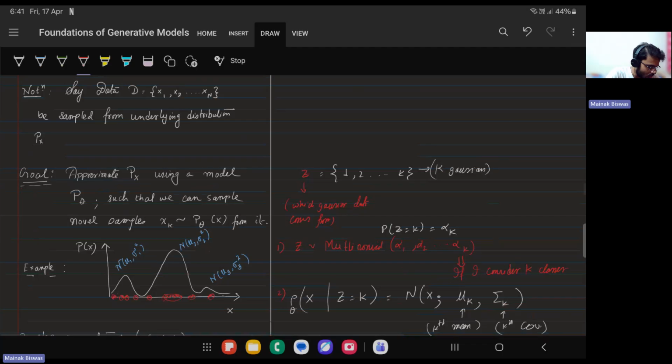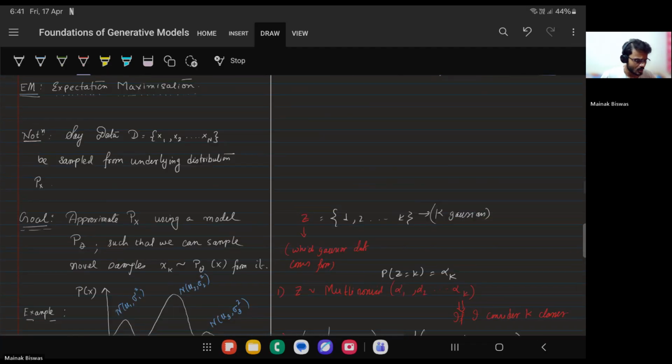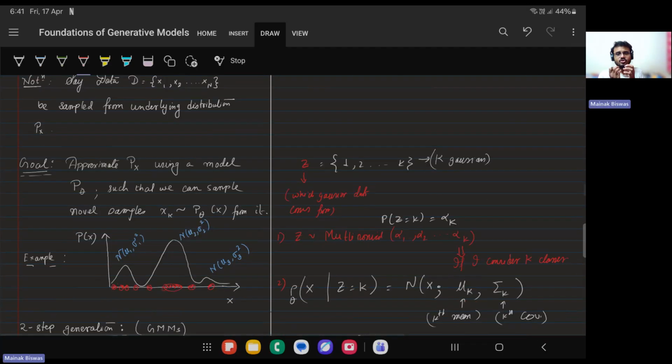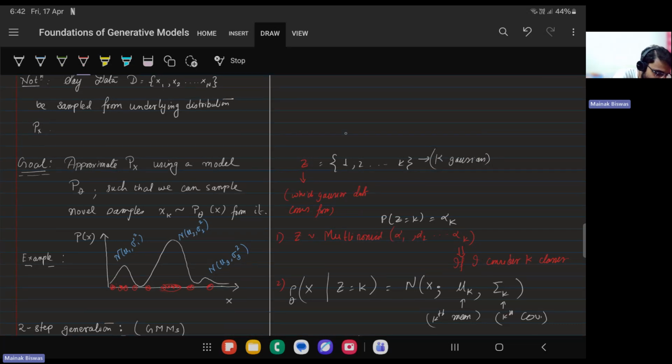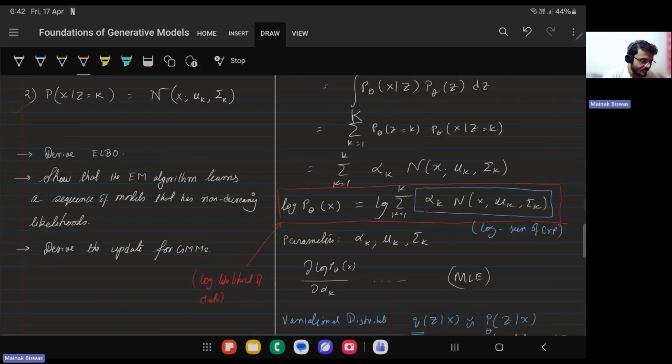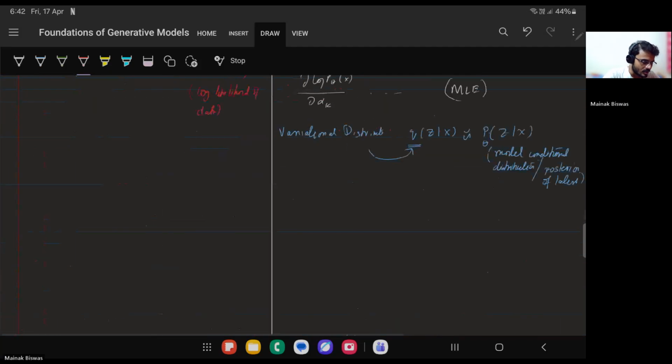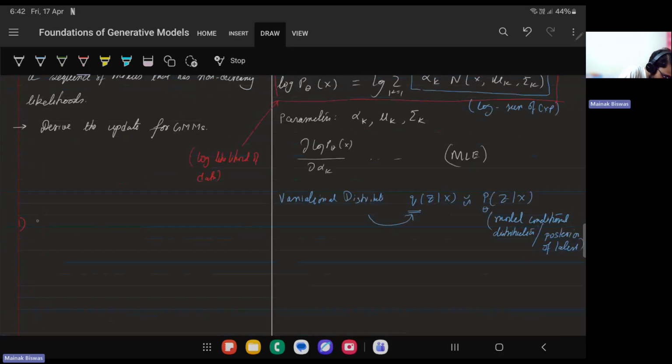And now what else do you have? Again, if there is this underlying distribution where there are multiple bumps, I want to model it using multiple Gaussian distributions, and they could be multidimensional Gaussian distributions. Data could come from any normal distribution, so X could be in D-dimensional space. So now let us derive what is called the ELBO. The first step is the ELBO.